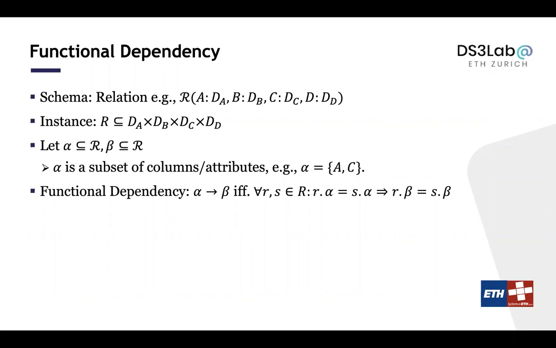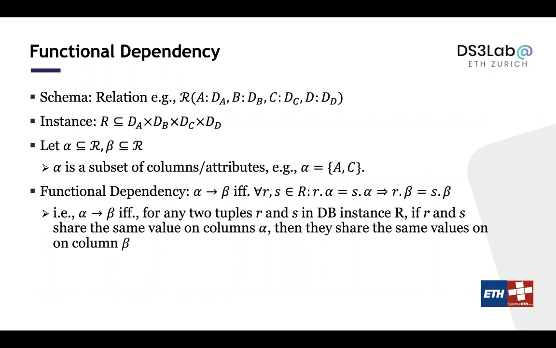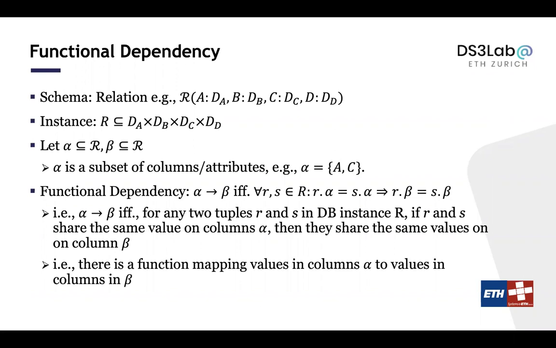That is, I cannot find a pair of tuples r and s such that they match on the value of alpha, but they have different beta values. If that is true, we write it this way: R satisfies this functional dependency from alpha to beta. And this is the definition of functional dependency.